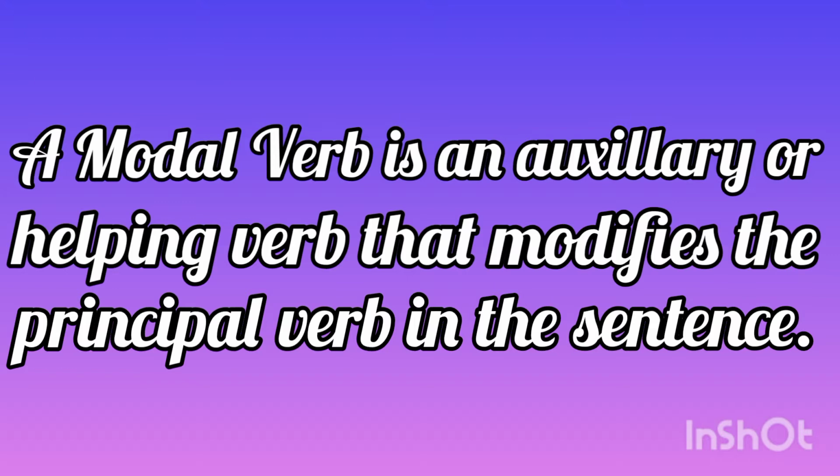It adds to the meaning of the principal verb in the sentence. A modal is used along with the principal verb in the sentence. Let us remember that after a modal, we use the first form of the principal verb.